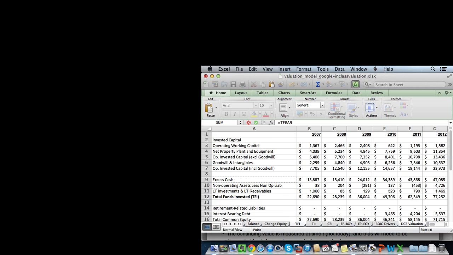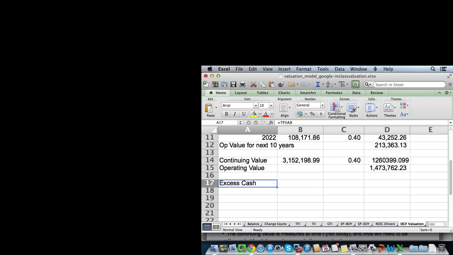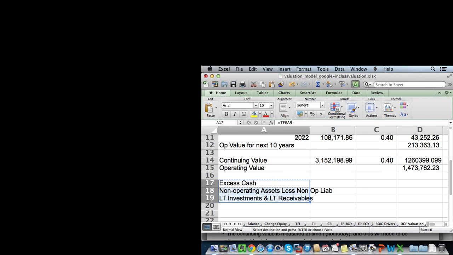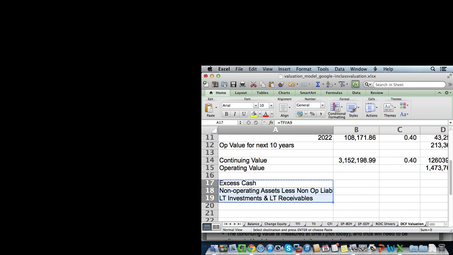So it's the excess cash, the other non-operating assets, the non-operating liabilities, and the long-term investments. Those are really the other things that we're going to have to value here.